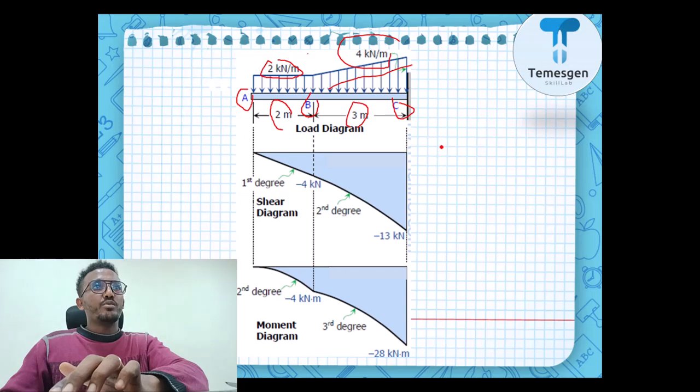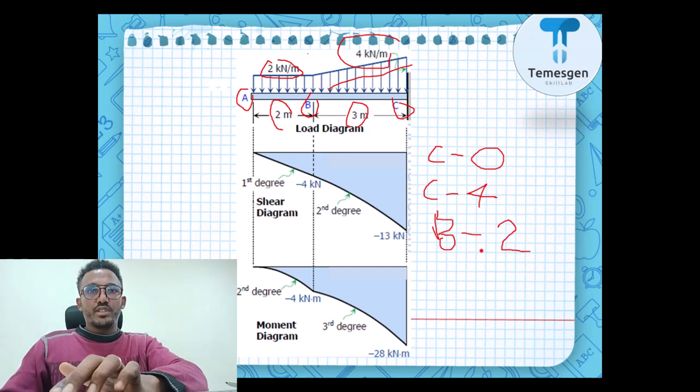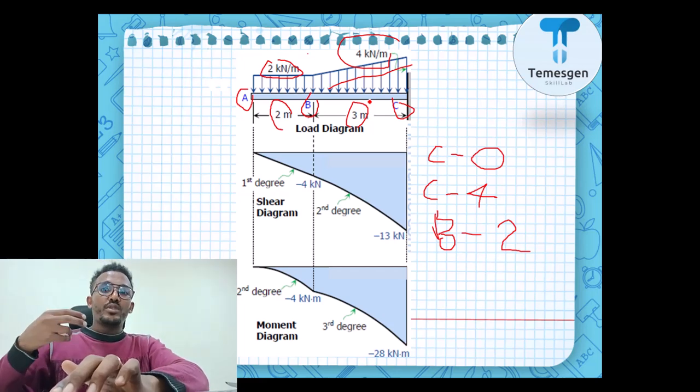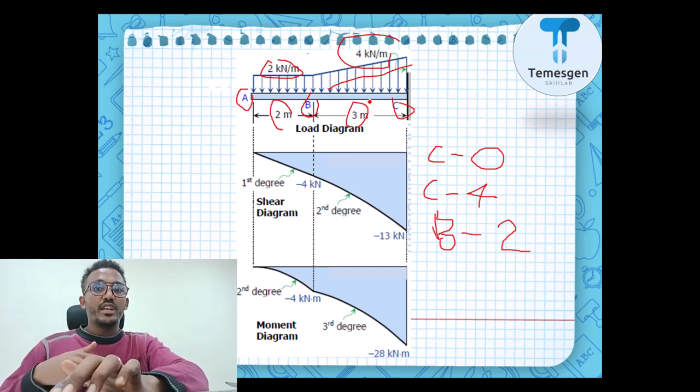What we will do is we will go to SolidWorks and we will take point C as origin, and we will tell SolidWorks at point C you have 4 kilonewton per meter, and at point B you have 2 kilonewton. So it will automatically know the load is not uniformly distributed, and we will tell it through what we call table distribution.